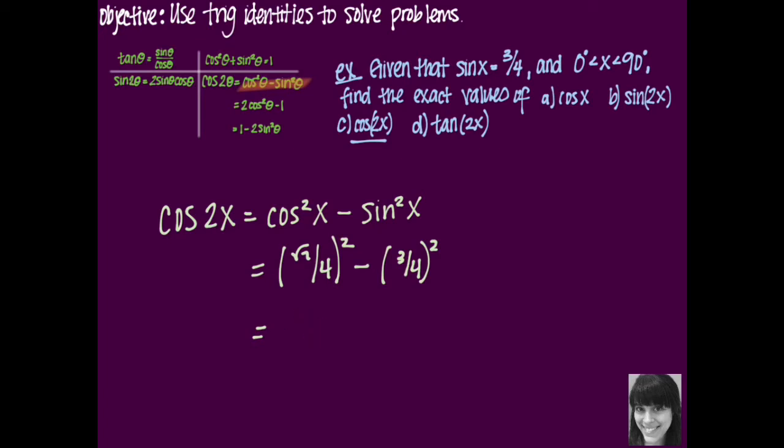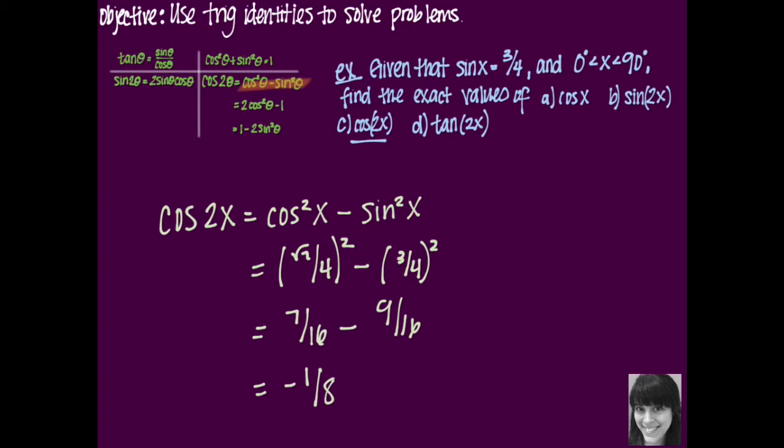Here, I'll show you what it looks like. So when you distribute that square, you get 7 over 16 minus 9 over 16. You subtract, you get -1/8, or -2 over 16, which is -1/8. So that's cosine of 2x.